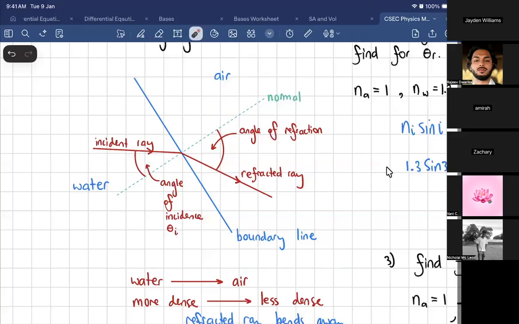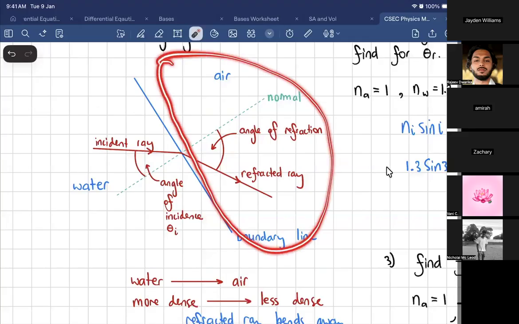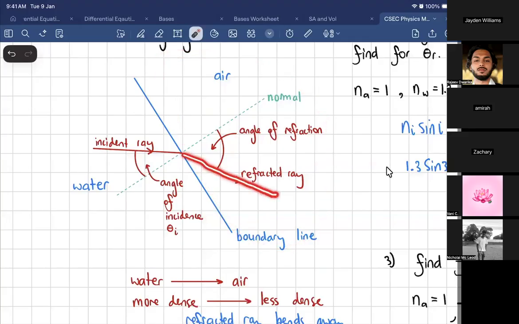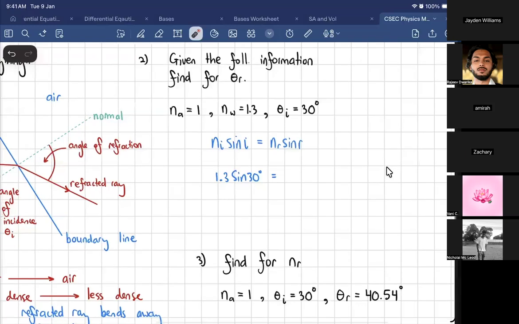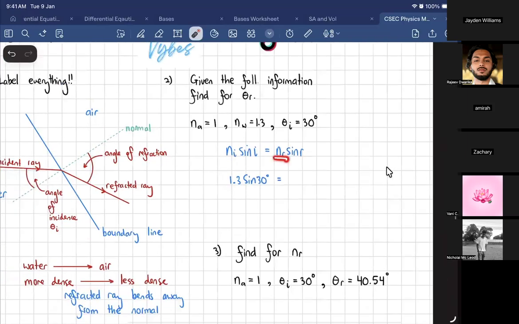Right. And then we look on this side. What is this? Refracted ray. Is the refracted ray in air? Right. So the refractive index for the refracted ray is going to be what? Where's the refracted ray? Remind me. The refracted ray is in what?